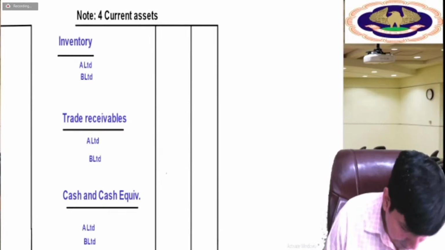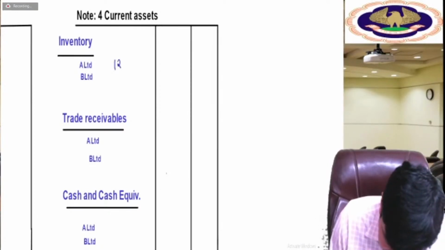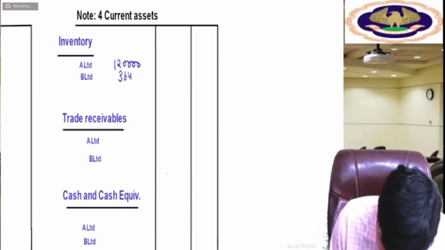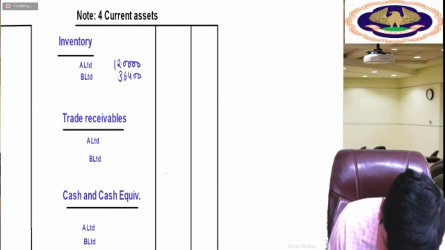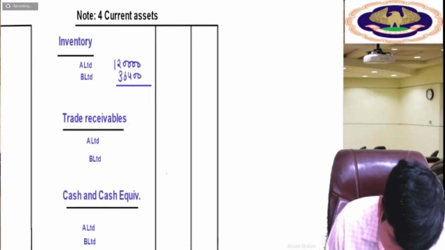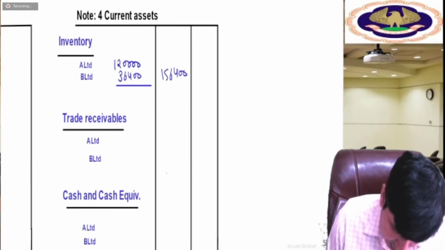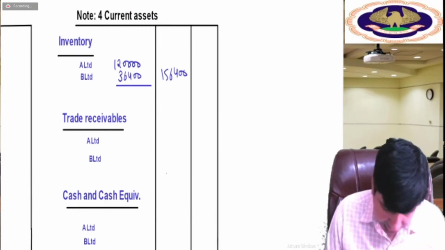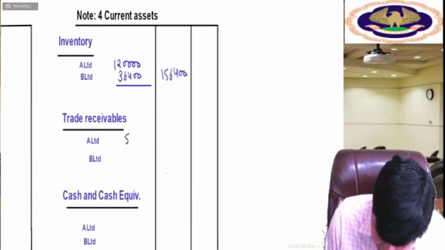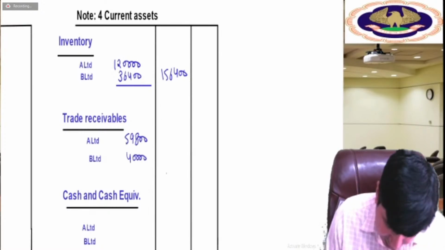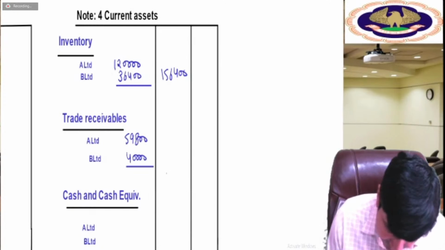A Limited has 1,20,000 as inventory and 36,400 as inventory of B Limited. So how much is the total? 1,56,400. For trade receivable in case of A Limited, it is 59,800, and 40,000 is here. What will be the total figure?